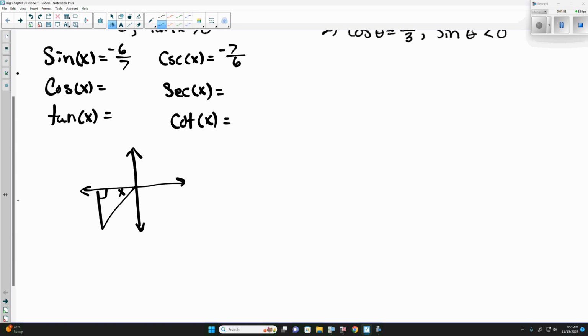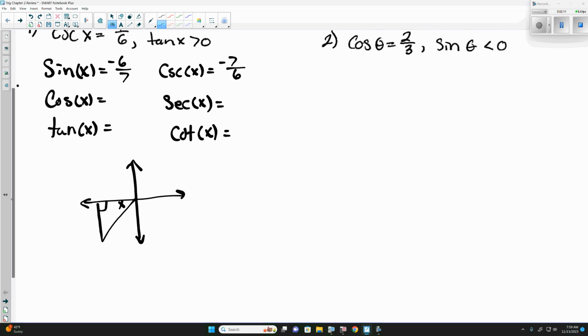Sine is negative in the third and fourth, so we have to be down here. Now that also tells us that cosine and secant are both going to be negative as well.